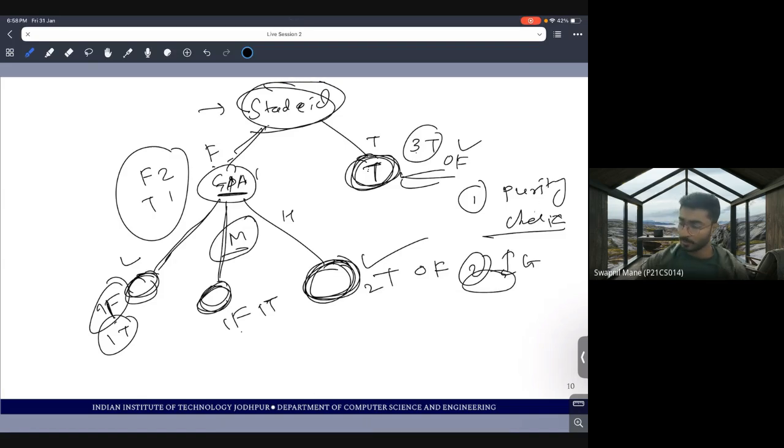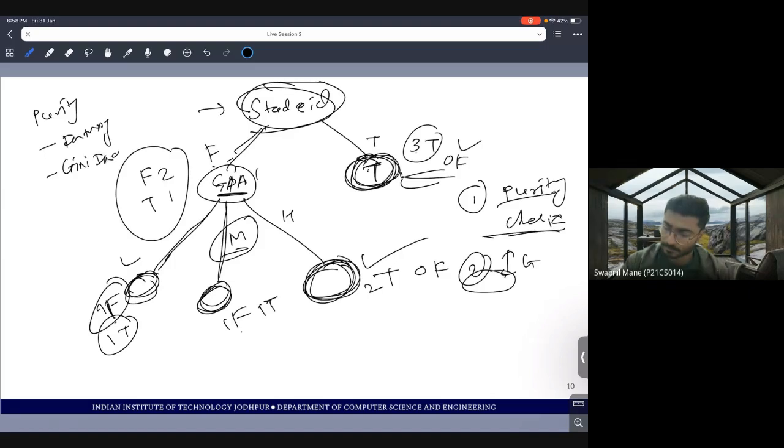So here you might wonder how we calculate the purity of the node. Purity means whether it is purely classifying and predicting a value or not. There are two measures for checking the purity: entropy and Gini index. The purity check uses entropy and Gini index, right?